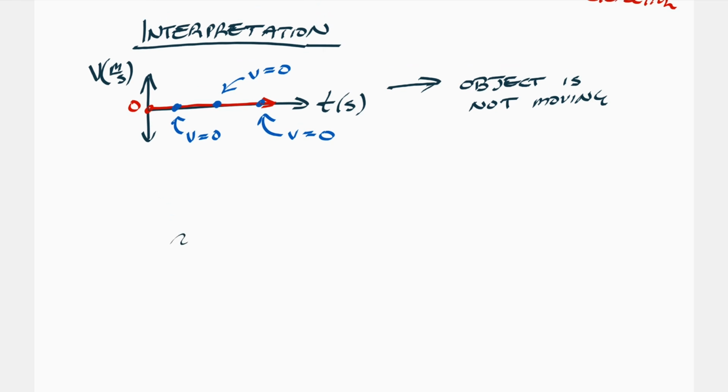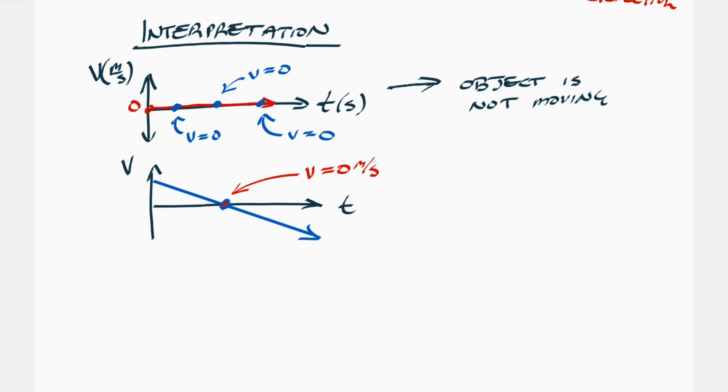Let's go to the next type of graph, and in this one, we're going to have it cross the x-axis, just like the one above, so crossing the time axis. And I'm just going to do V and T. If you were asked what happens right at this point where it crosses, well, V equals 0 meters per second.